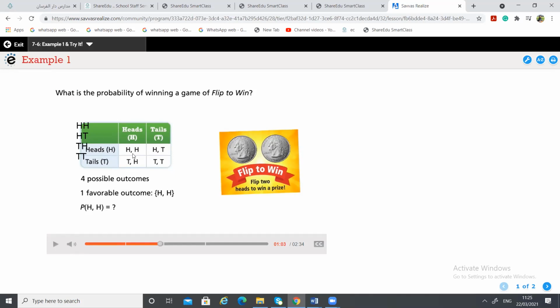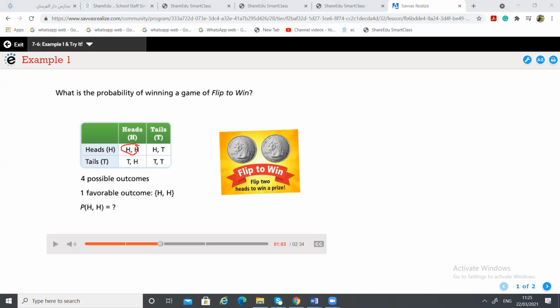Very carefully look at the picture and tell me how many times, in the box, do they get H and H. There's only 1 chance that they get H and H, 1 chance out of 4 chances: head head, head tail, tail head, tail tail. And what do they want here?